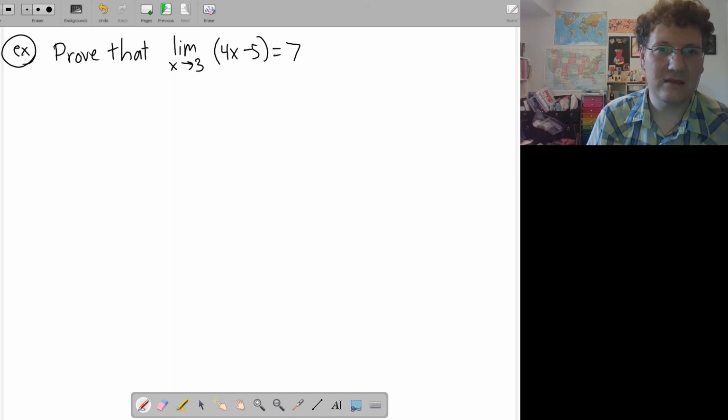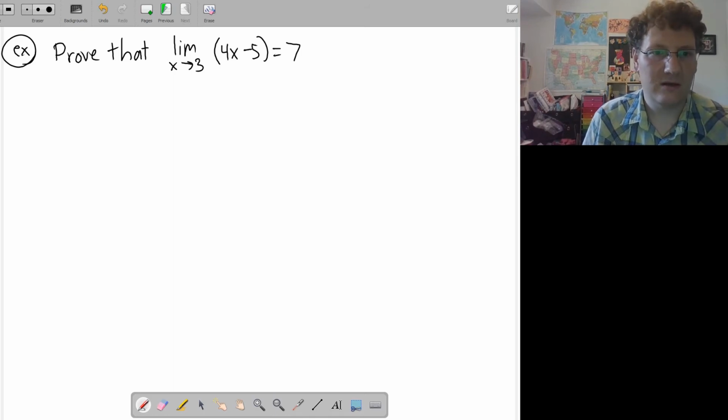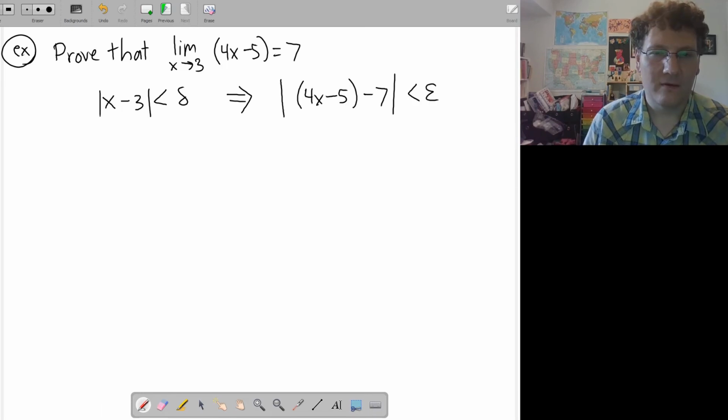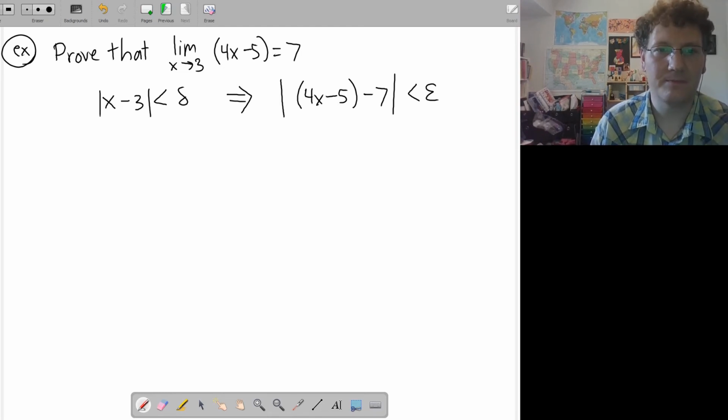So the idea is that as long as the absolute value of x minus 3 is less than delta, we want that to imply that the absolute value of 4x minus 5 minus 7 is less than epsilon.